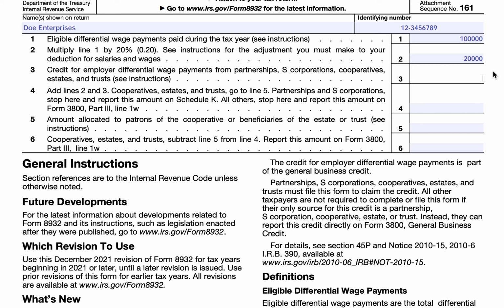So you're going to report, let's just say that John Doe's S corporation is a shareholder in another S corporation, and his share of that tax credit is $10,000.